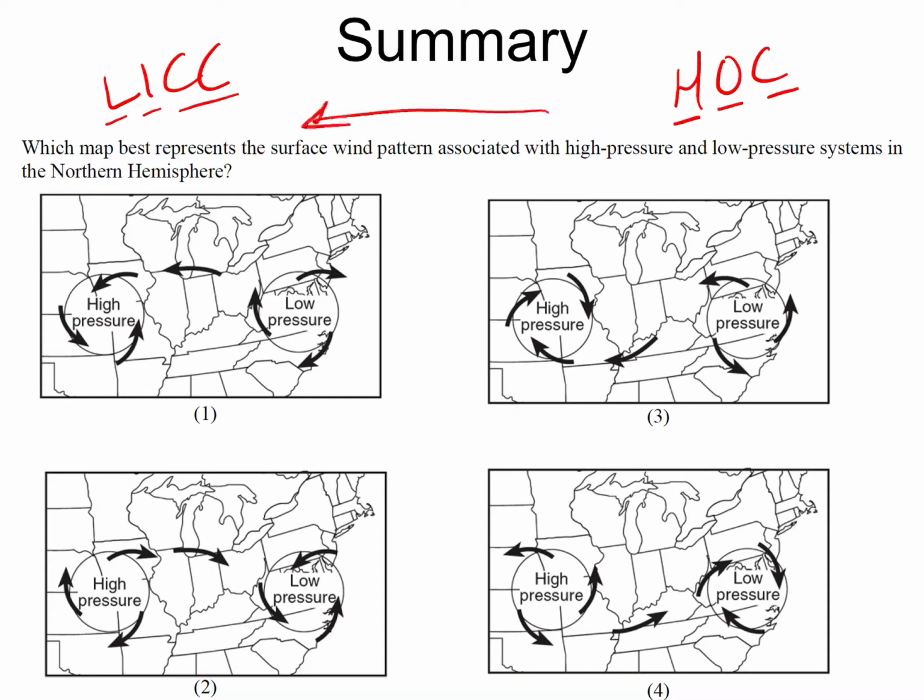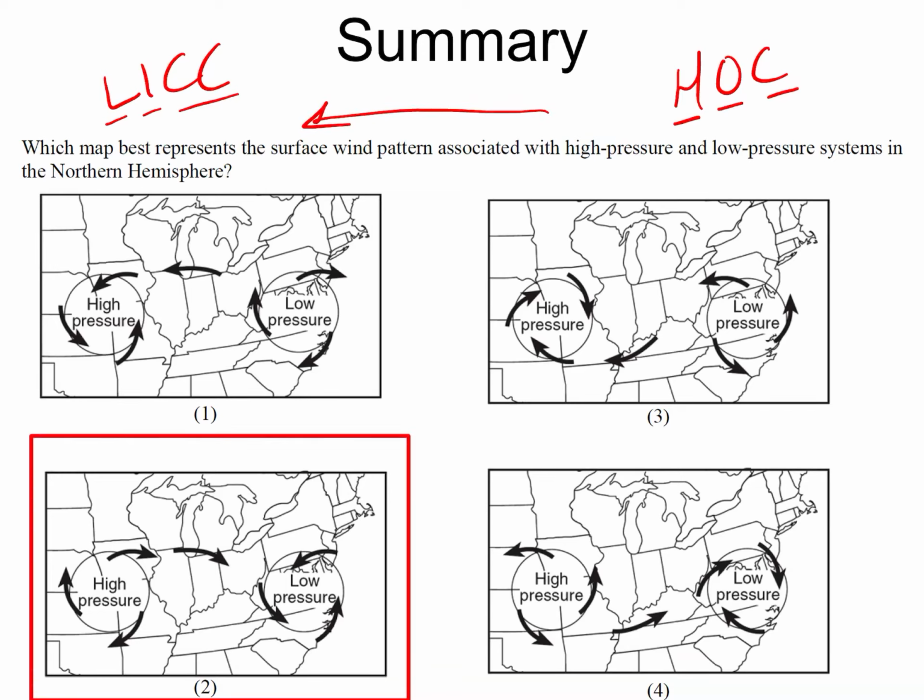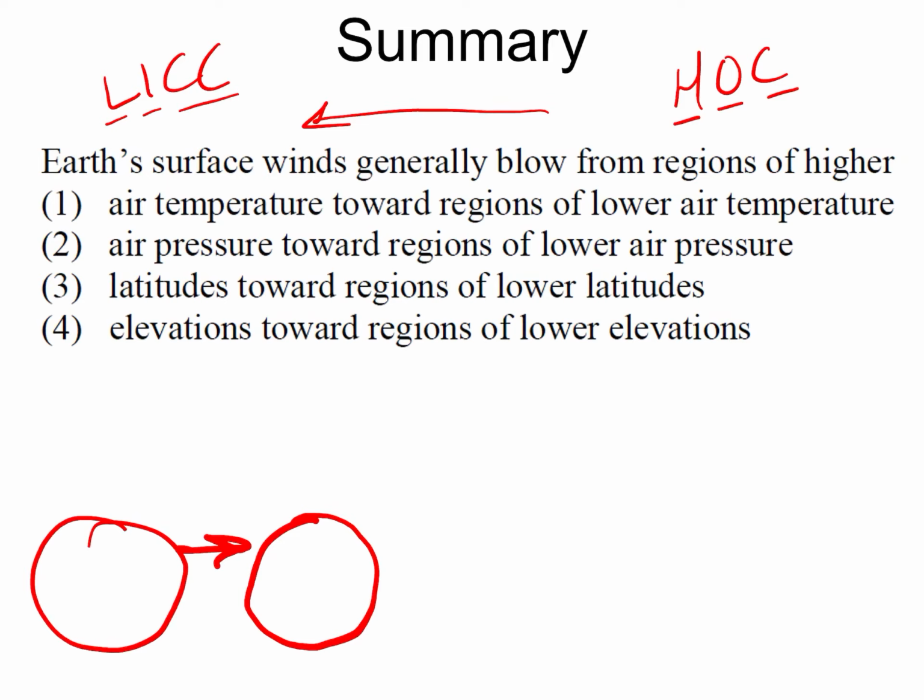And winds always blow from high to low. Okay, so you have to find the one that makes the most sense. That would be this one. Look, high. It's going out and clockwise, right? Out and clockwise. This one's going in and counterclockwise, and the wind is going from high to low.